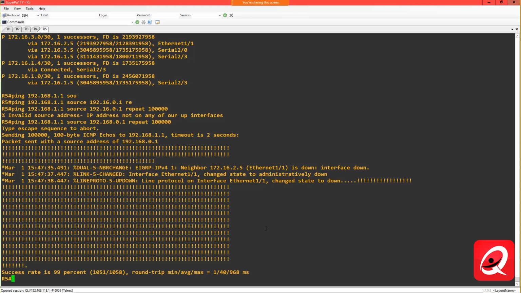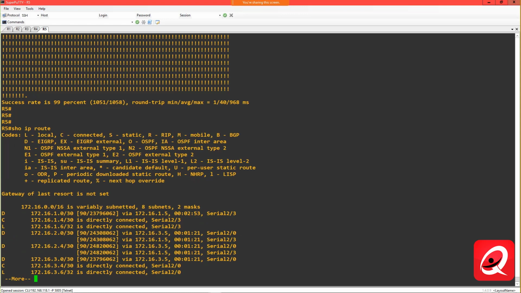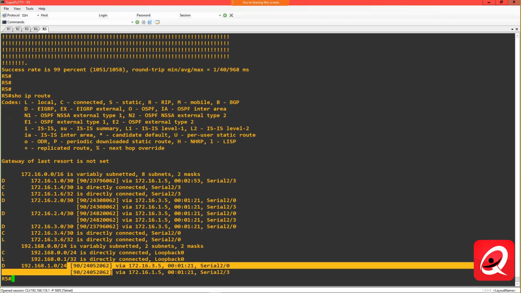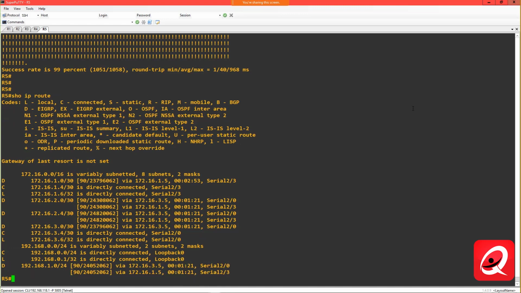In fact, if I do a show ip route, you'll see that I'm actually load balancing across those paths now for that particular destination right here. So it did insert those paths into the routing information base based on the fact that they were alternate paths. We did get rid of the query process, but we still are relying on control plane functions rather than data plane functions for the failover.